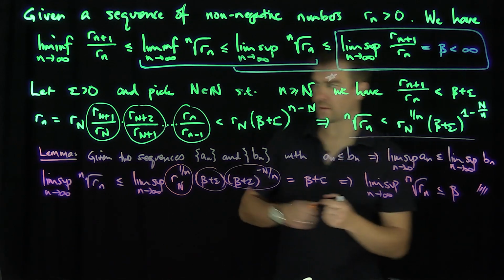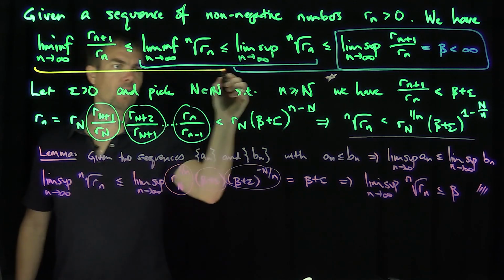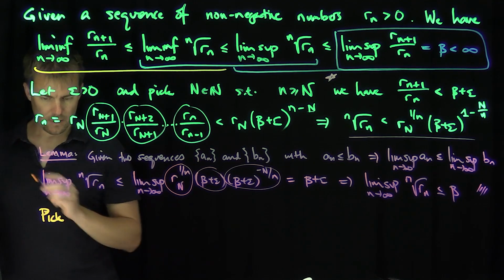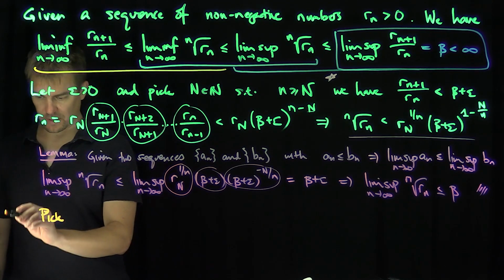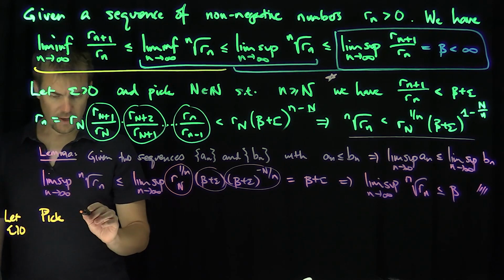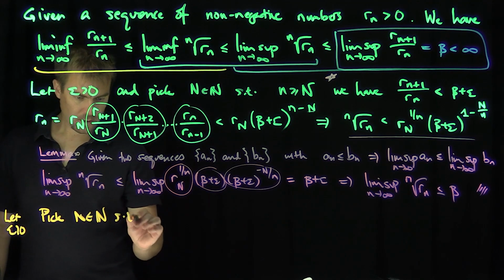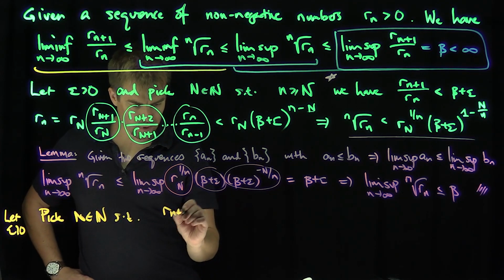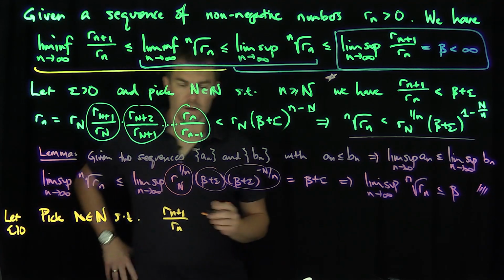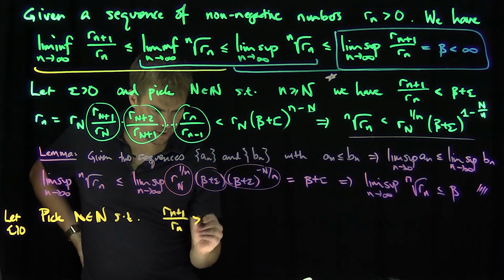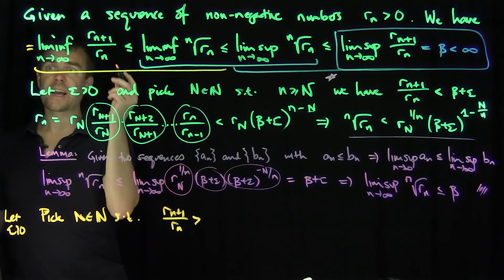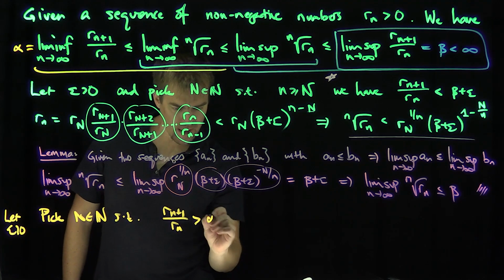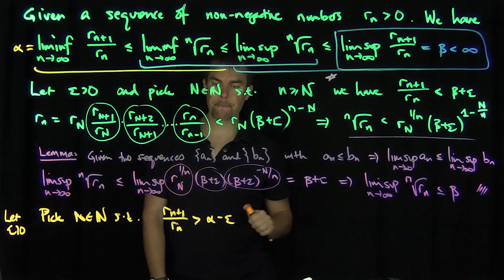So what are we going to say? Similarly, if we want to prove this inequality over here, we're going to have the same epsilon. Let epsilon be greater than 0, and pick N such that R_{n+1} over R_n is bigger than or equal to, let's call that liminf, if the liminf is negative infinity, again, it's trivial, so let's assume it's some finite number alpha over there, is bigger than or equal to alpha minus epsilon, like so, okay?